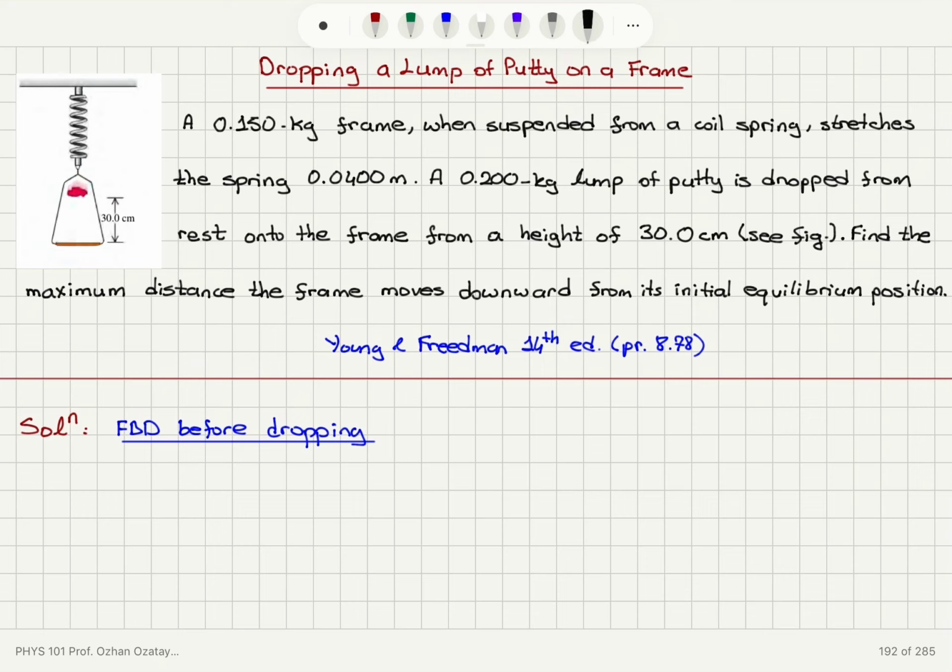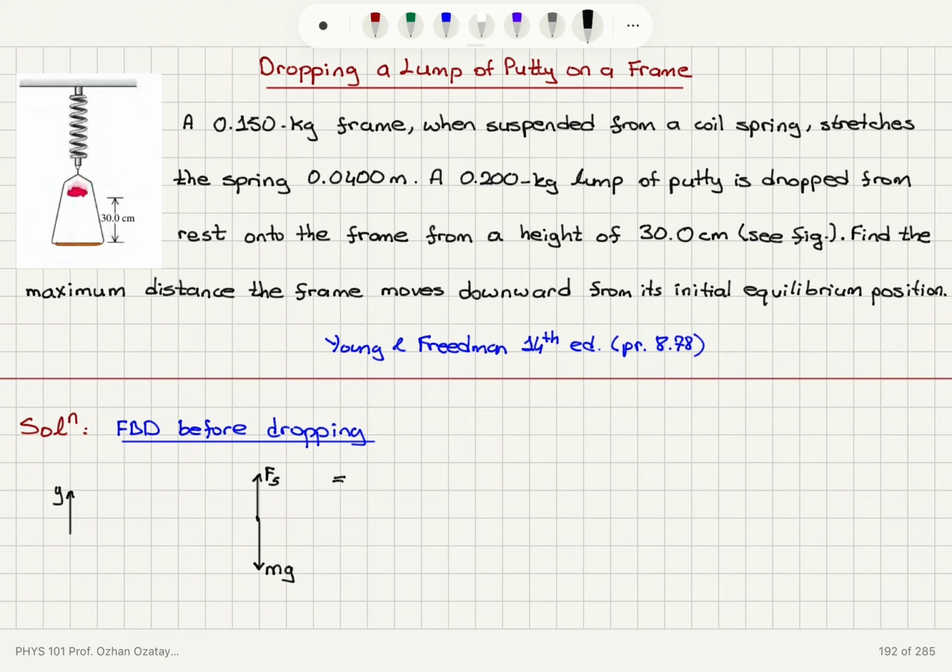So if I call this vertical axis my y-axis, then I can see that there will be mg, mass of the frame times gravitational acceleration, pointing down, and there will be the spring force pointing up.